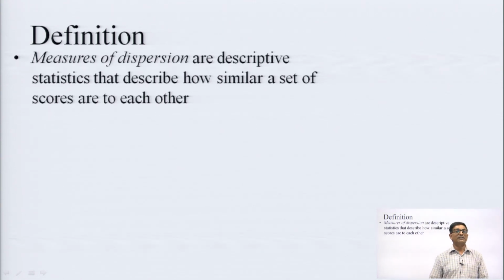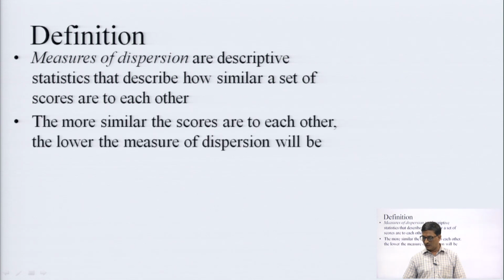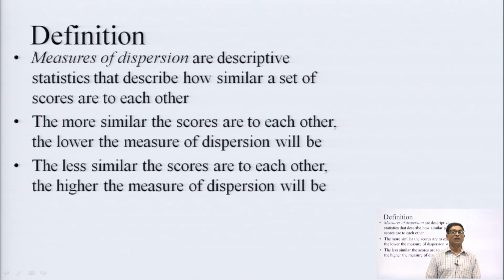The measures of dispersion are descriptive statistics that describe how similar a set of scores are to each other. The more similar the scores are to each other, the lower the measure of dispersion will be. That means, if values are more similar, then the dispersion is minimum, and if fewer scores are similar to each other, then the measure of dispersion is higher.